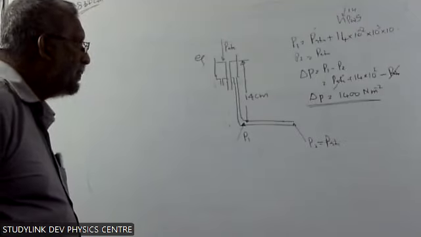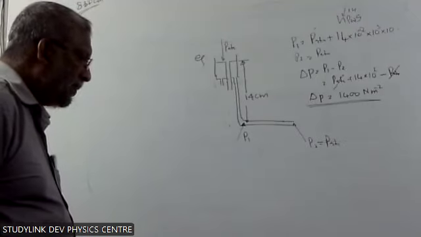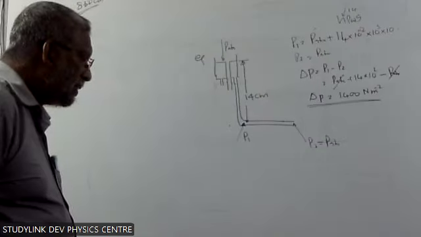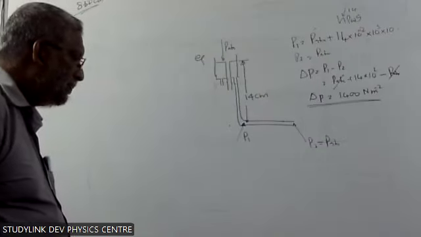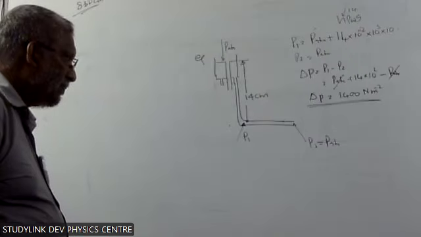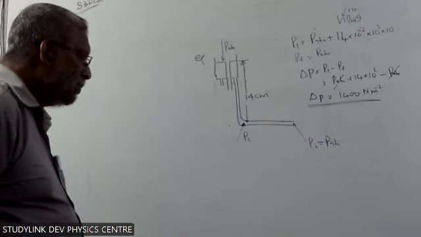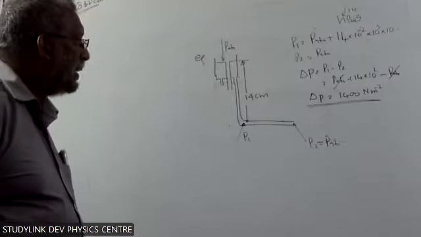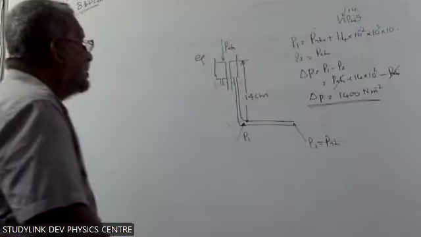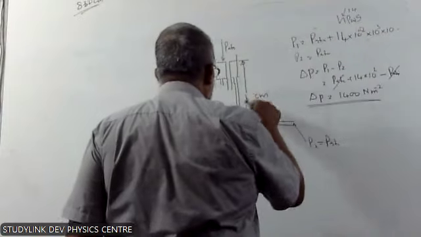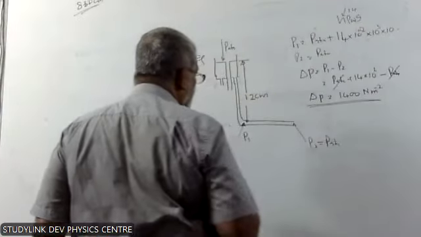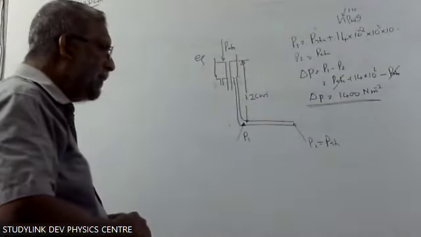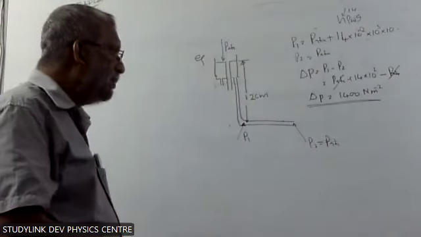The height between the water level in the constant pressure head and the horizontal tube is 12 centimeters. The internal diameter of the tube is 4 millimeters.